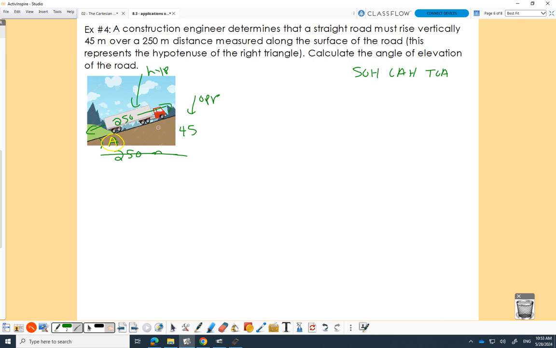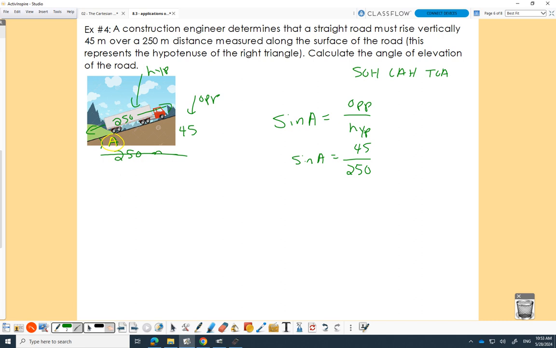I've got opposite and hypotenuse. Sine. So sine of A equals opposite over hypotenuse. Sine of A is 45 over 250. Press sine and then your A button.